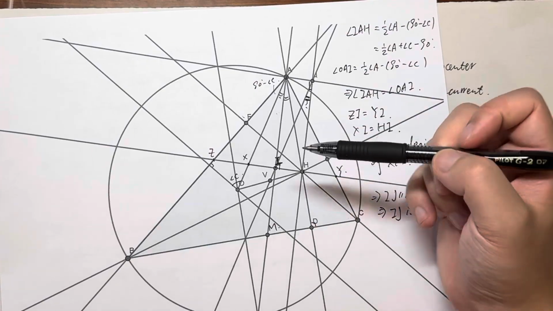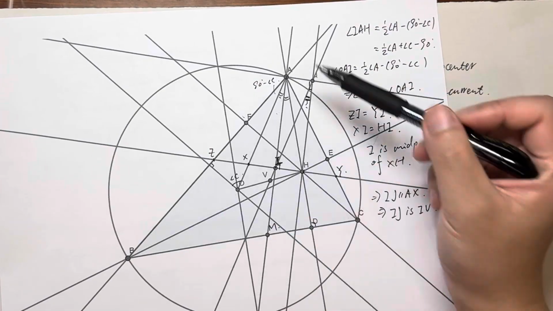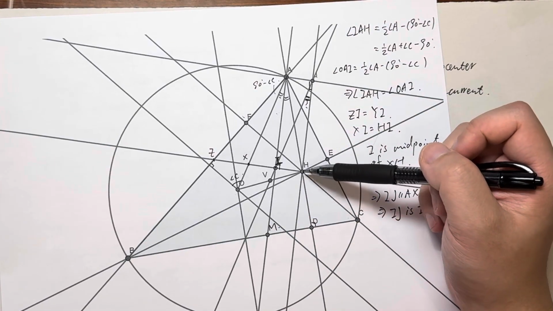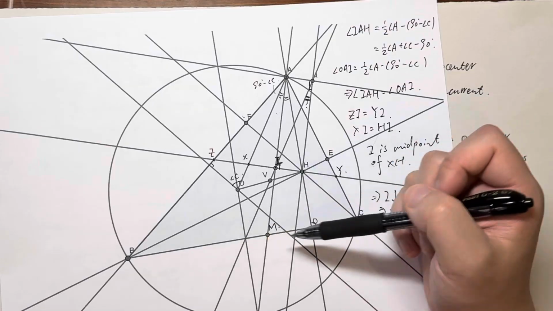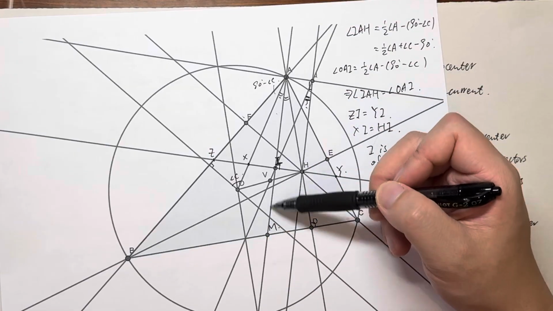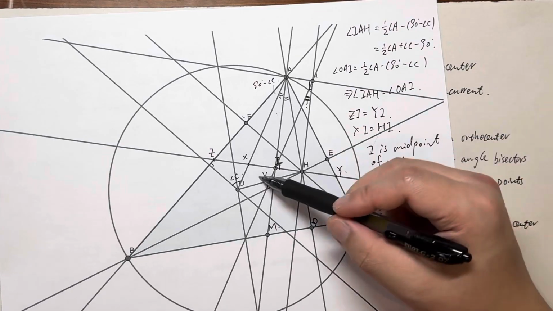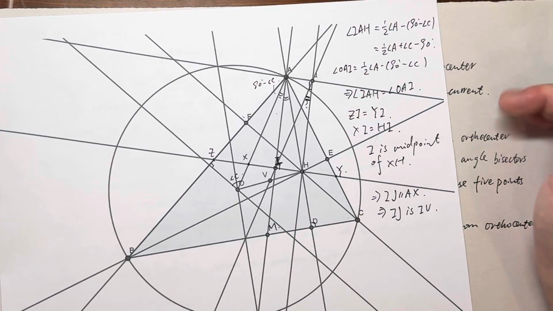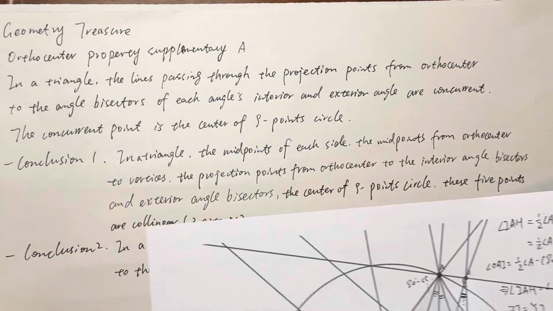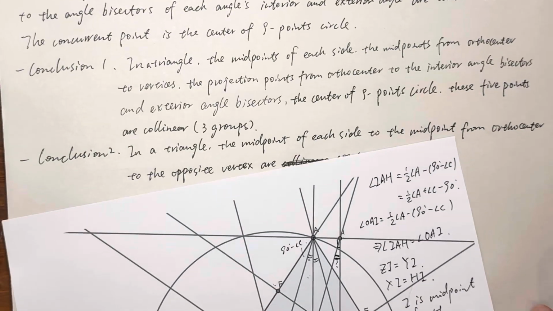And of course, for other vertices, if we do the similar projection connection, we know it's also passing the midpoint of OH. And it's a center of the 9-point circle. We already learned that. Okay, so conclusion.